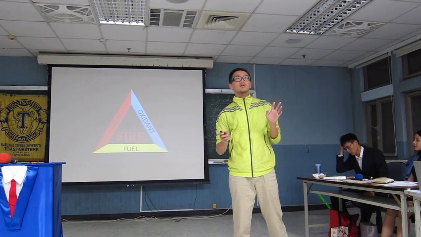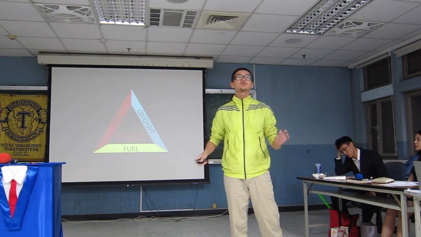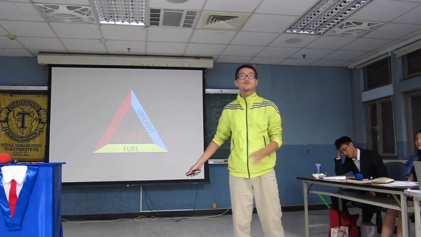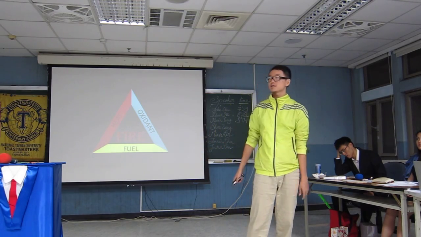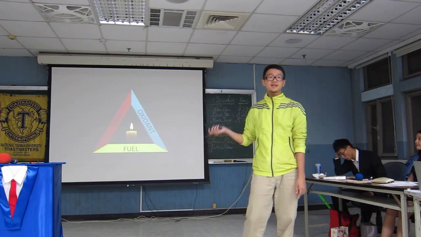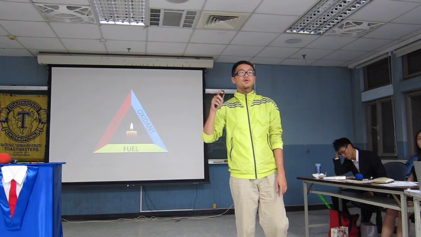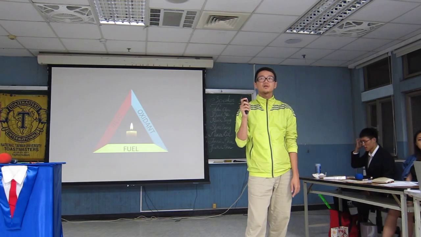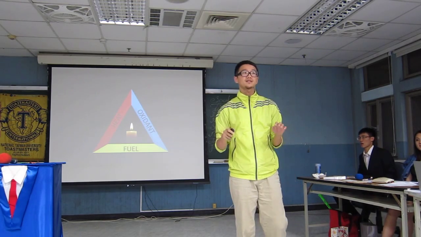When we are putting out a fire, we just remove one or more elements from this triangle, and the fire will die down. Let's look at a few examples. A birthday candle. If someone blows out his or her birthday candle, what does he or she do?